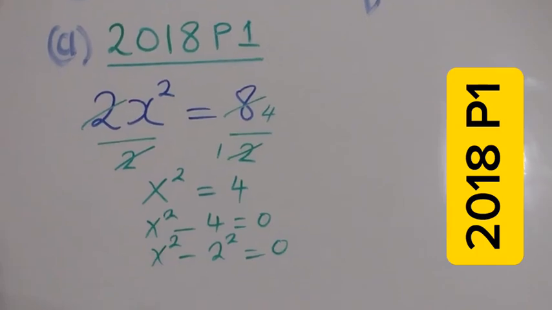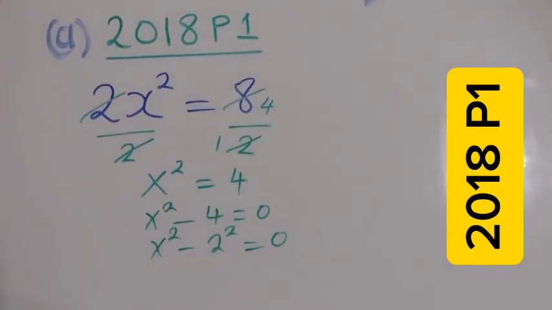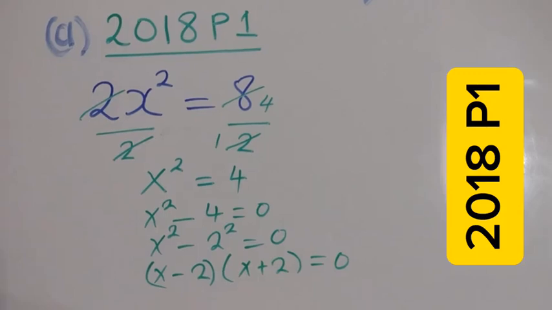Then from here, you can notice that on the left hand side we have what we call the difference of two squares. So we can write x minus 2, then we also write x plus 2, equal to 0. From this stage, the question becomes very easy.